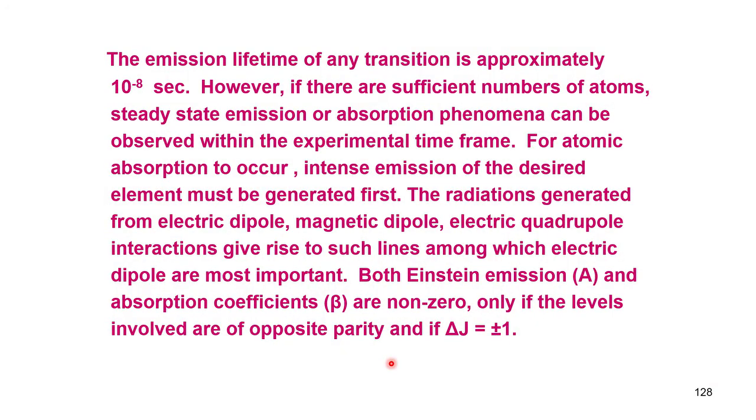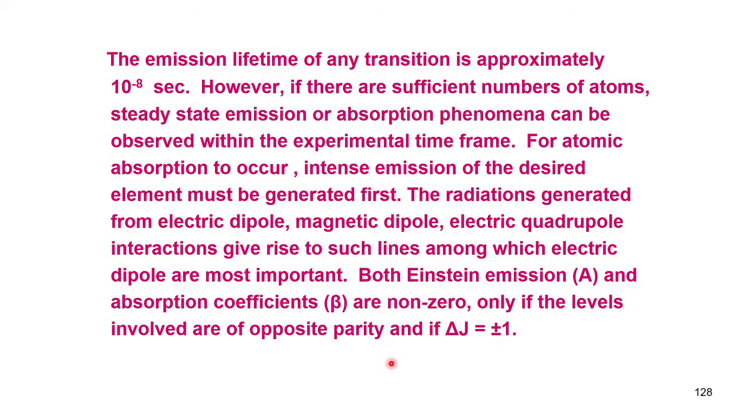For atomic absorption to occur, intense emission of the desired element must be generated first. That means I have to provide radiation which is to be absorbed by the free atoms.